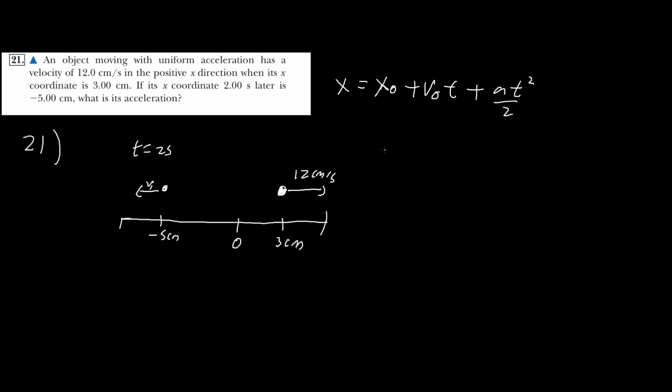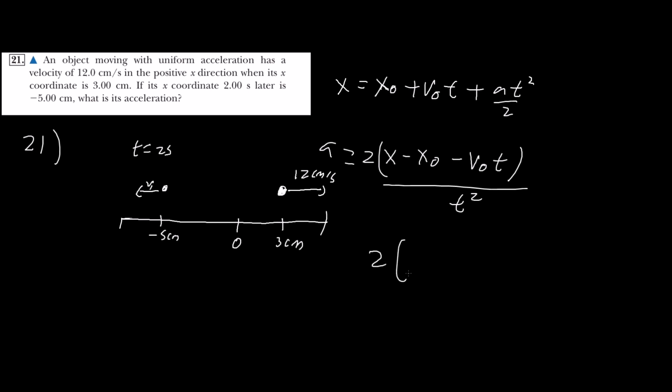So all we have to do is take the final position minus the initial position minus v naught t, whatever that is. Multiply this whole thing by 2, divided by t squared, and bam, that's your acceleration. So I'm going to plug all those values in there. So 2 times the position here. And notice that this is speed times the time, so that's just going to be a position.